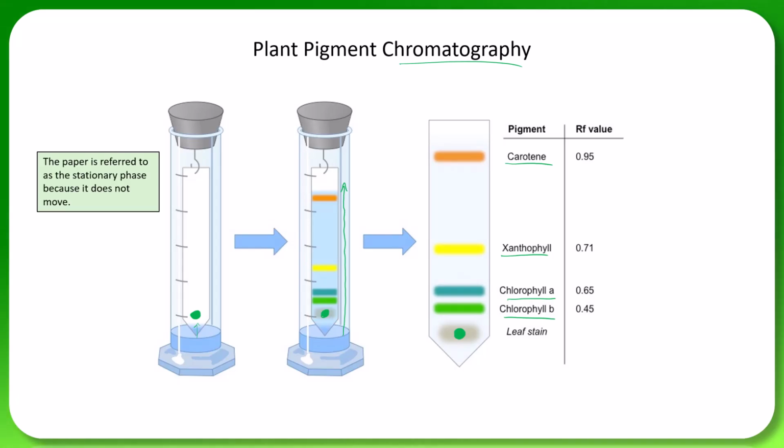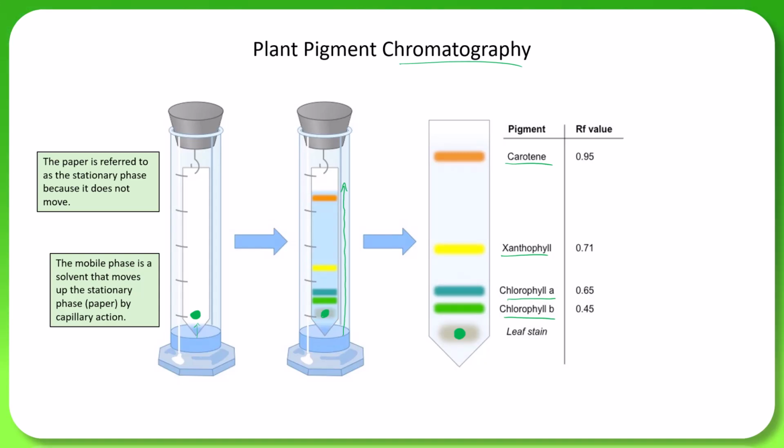So the paper is referred to as the stationary phase because it doesn't move throughout the entire chromatography process. We dip it into the solvent and then it remains completely stationary. The only thing that is moving is the solvent as it moves up the chromatography paper. The mobile phase is the solvent that moves up that stationary phase, which is the paper, by capillary action and hydrogen bonding and cohesion and polarity and all of those things that we talked about when we did the properties of water.